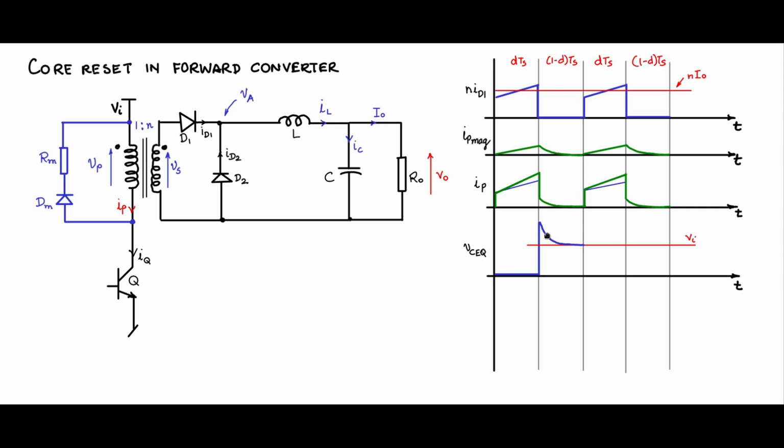Why does this happen? At the moment this is switched off, this is freewheeling in this fashion. So there is a forward drop across the diode. There is a drop across this Rm, IP into Rm, as current is flowing in this direction. And there is Vi. So Vi, the drop across Rm and the diode drop will all be reflecting here when this shoots up.